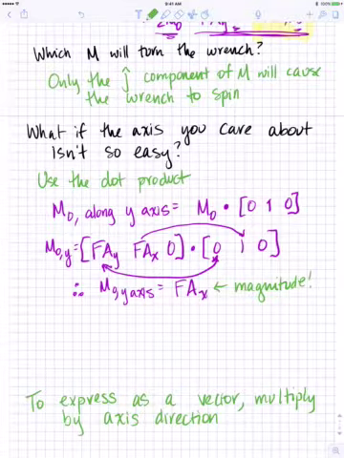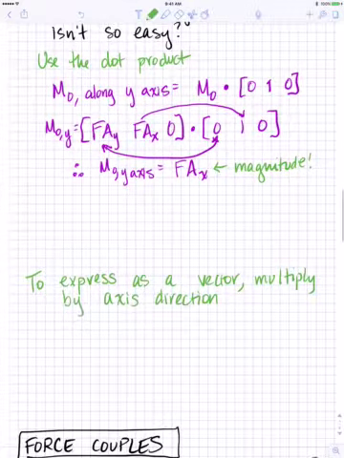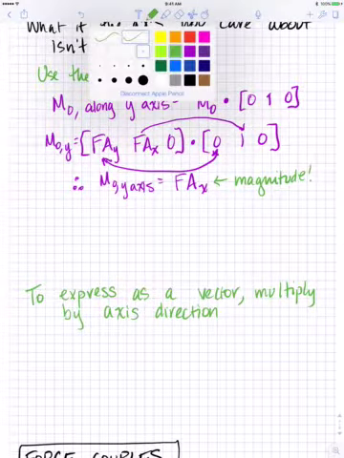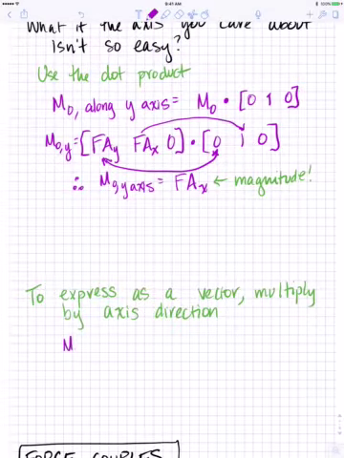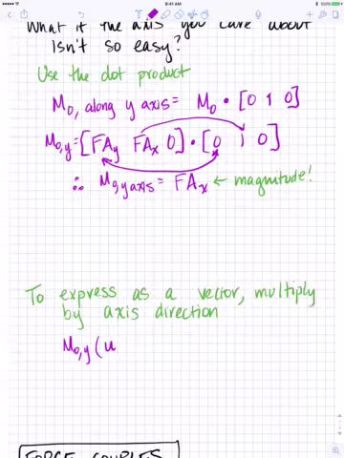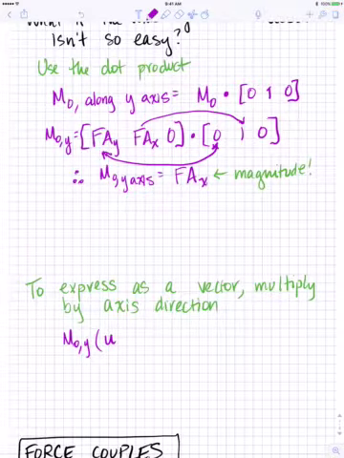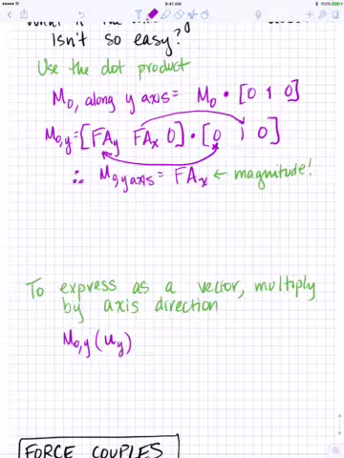So to express this as a vector, you have to multiply it again by that same axis direction. And that's exactly what we have up above. The moment of y is equal to u. So you take the moment of the force along the axis that you care about, and then to express this as the vector moment, you need to multiply it by the unit vector of the axis that you're asked about.